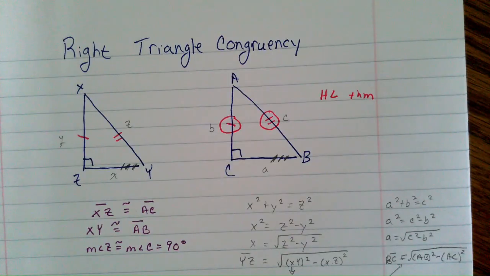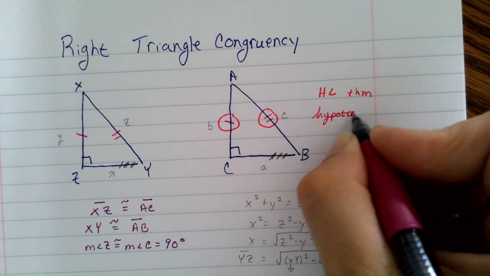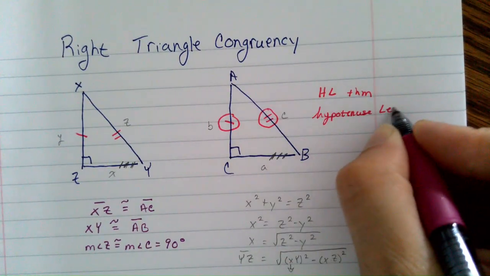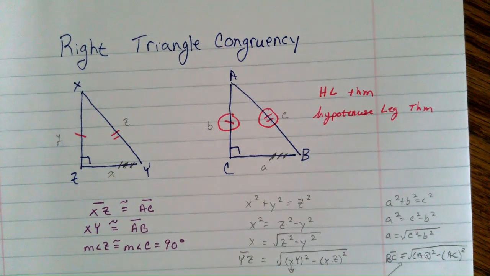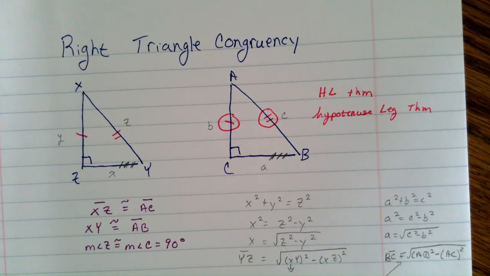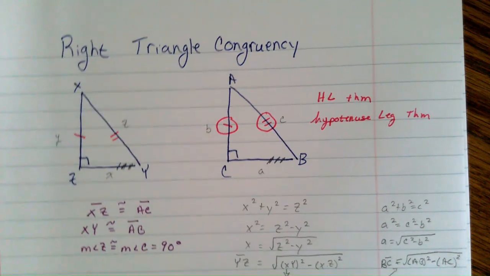And you could write out hypotenuse-leg, the whole way, or you can just write HL. So because we've gone through why that works, you never have to go through why it works again. Even though it's an angle side side, it's a special case because of that 90-degree angle. So right triangle congruency gives us special cases, and we can do so much more.